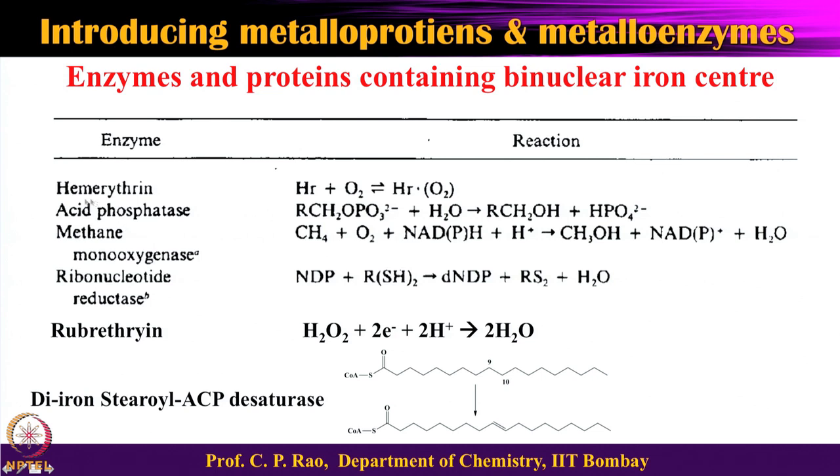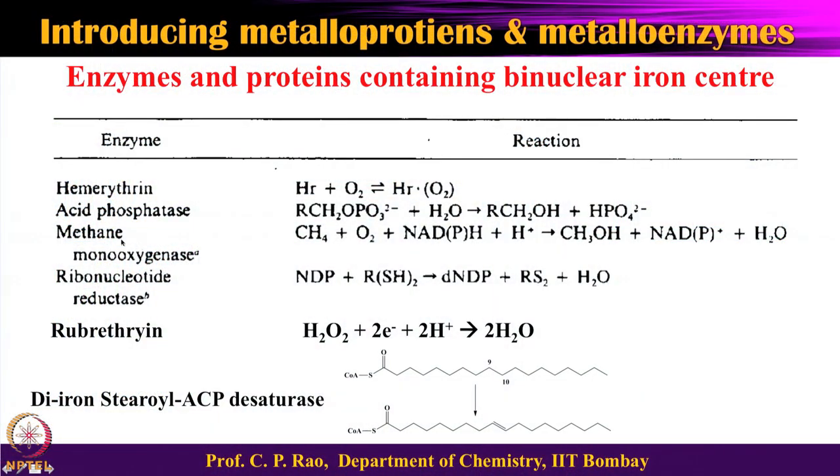Number 1, we can see the hemerythrin. Hemerythrin we are already aware of. Where did we study the hemerythrin? If you go back and look at oxygen transport, we studied myoglobin and hemoglobin in more detail, but then we compared with hemerythrin and hemocyanin because these are found in other kinds of organisms.